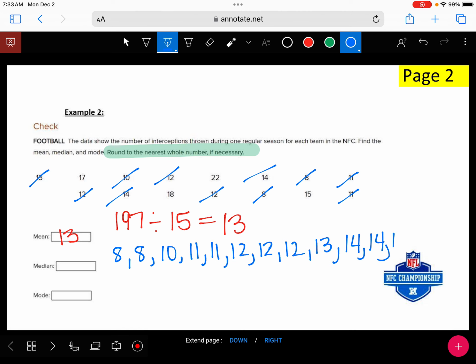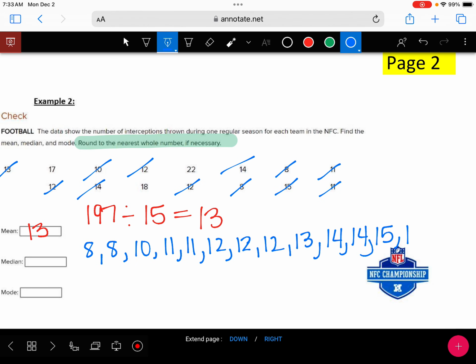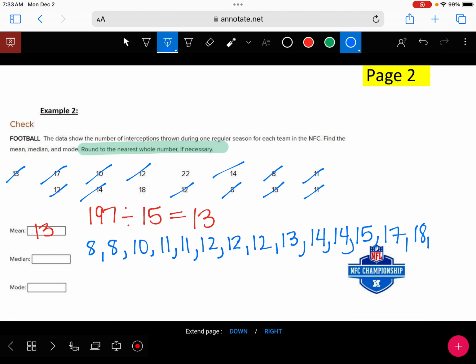And then we have a 15. And then we have, what's next? 17. And then I have 18. And then I have a 22.